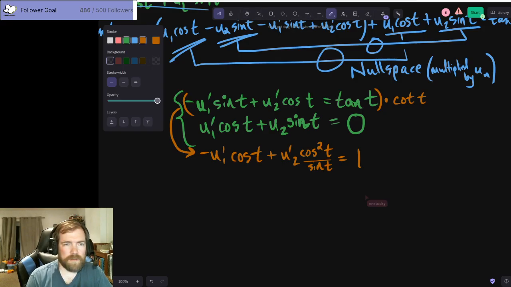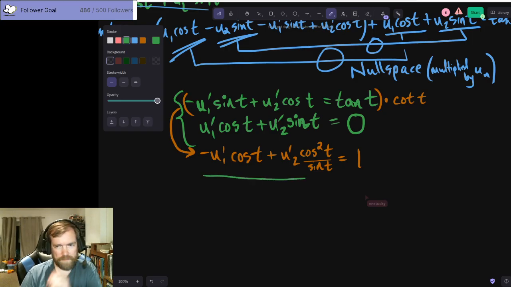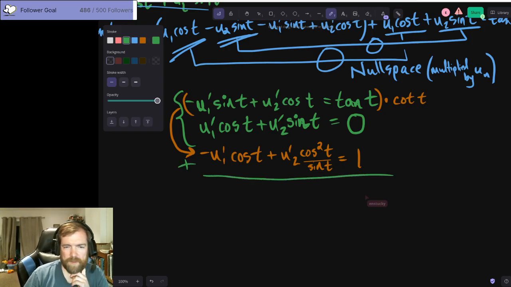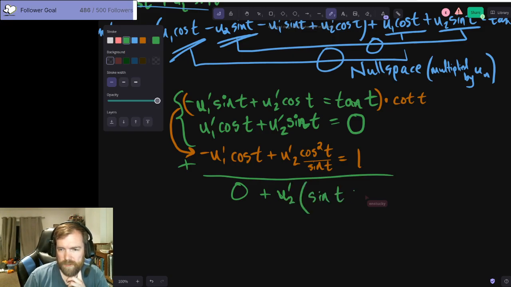And I forgot the prime there, but that's fine. Right, so then we can just add them up as is. It's going to be a 0. We're making a comeback here. u2 prime times the quantity sine of t plus cosine squared of t over sine of t is all equal to 1.